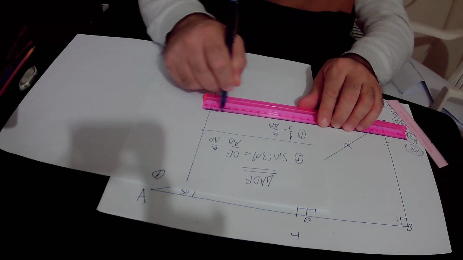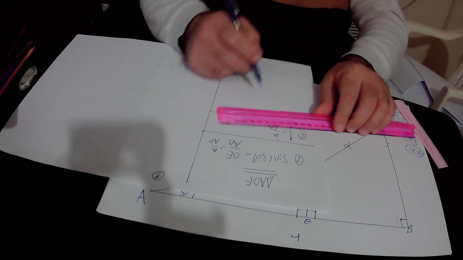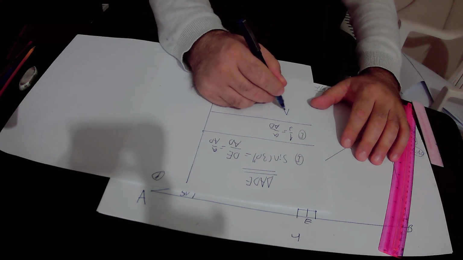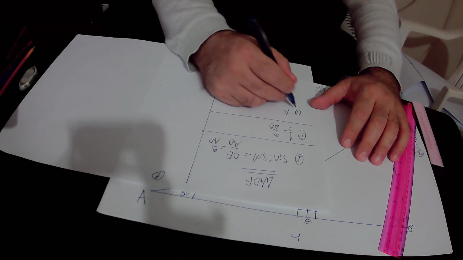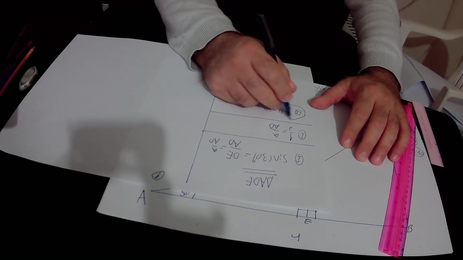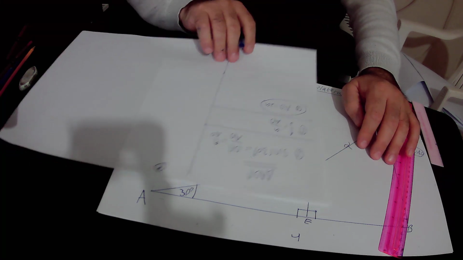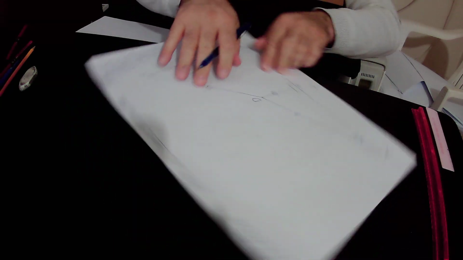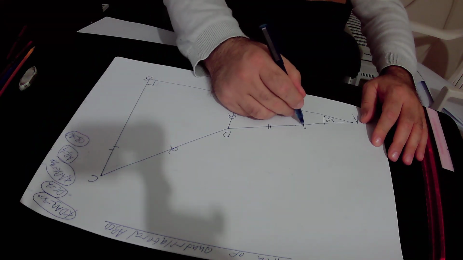Here we will cross multiply equation number 1, and we will get that AD equals 2A. So we can write down here that AD equals 2A.